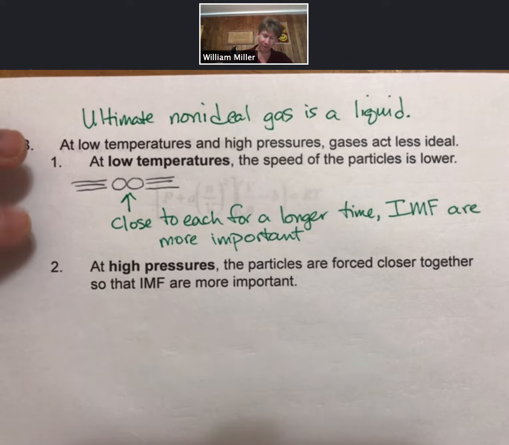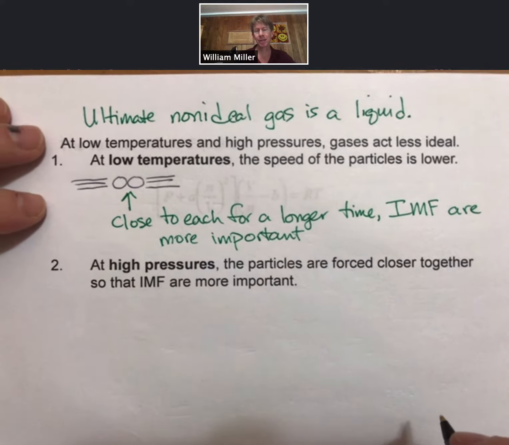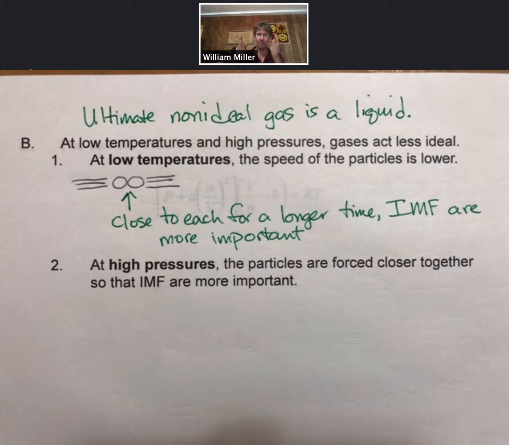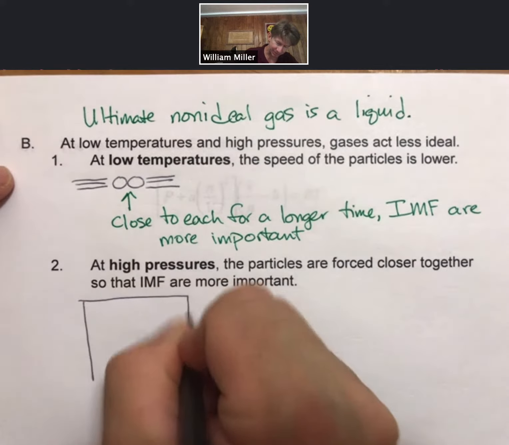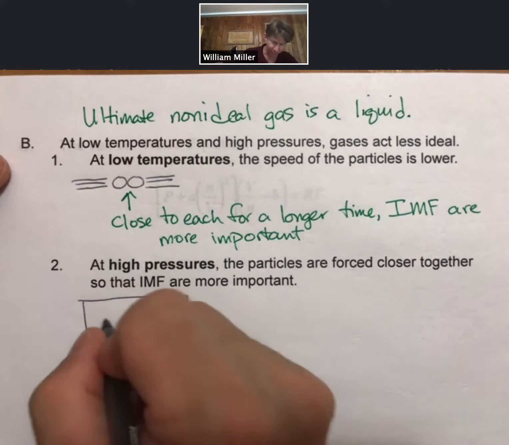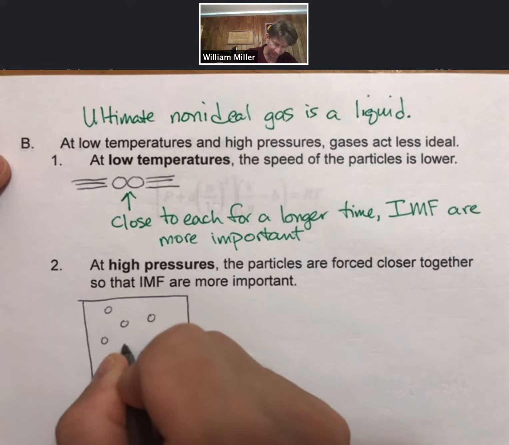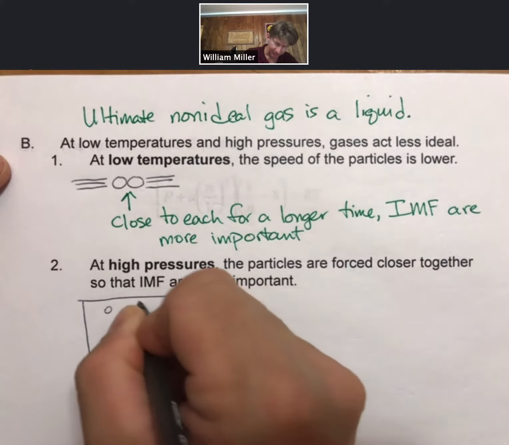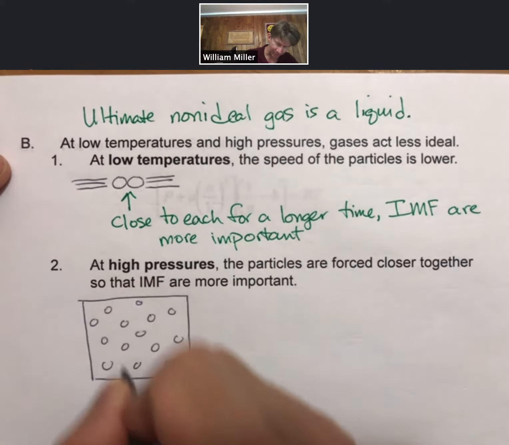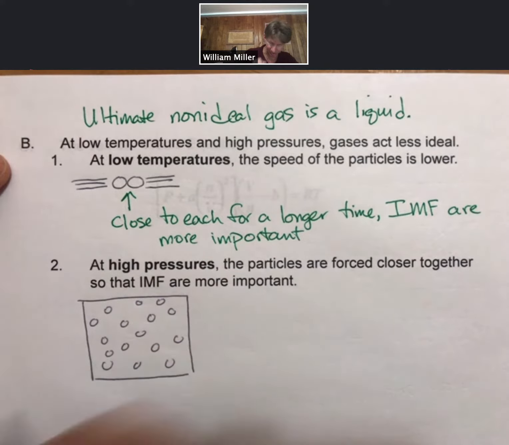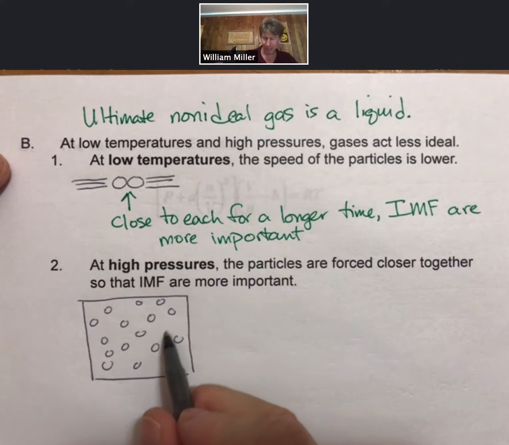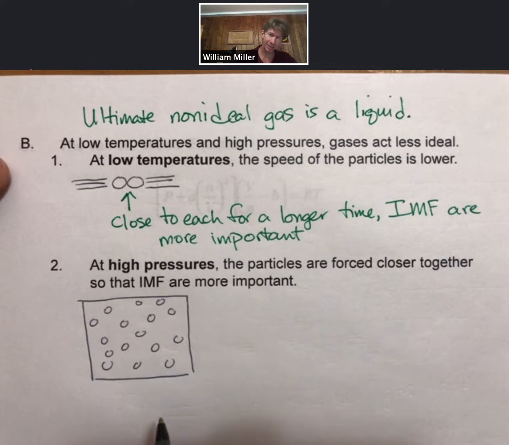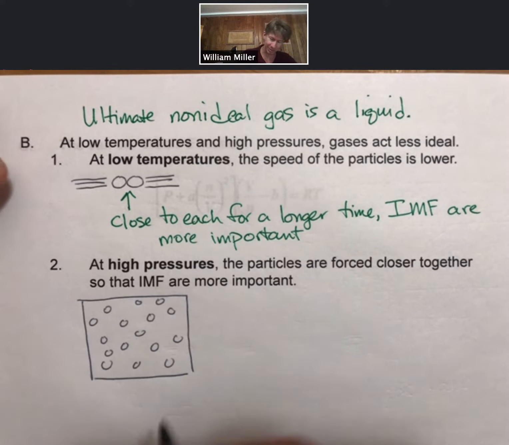And at high pressures, the particles are forced closer together so that IMF are important. Remember, our picture of a gas phase is that the gas particles are 10 diameters apart. But at high pressures, those are going to be forced closer together. They will no longer be 10 diameters apart, and they're close enough together that the volume of the particles becomes significant.